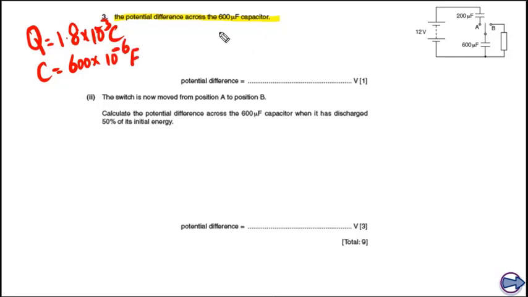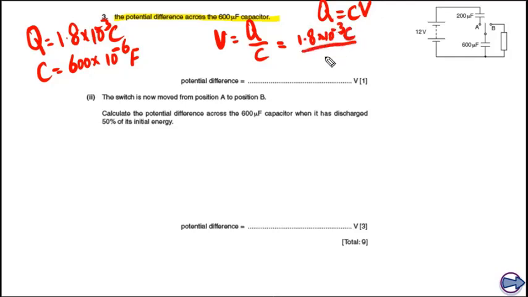We need to find V. V is equal to Q over C, because Q is equal to CV. Plugging in values, 1.8 times 10 to the minus 3 coulombs divided by 600 times 10 to the minus 6 farads, our final answer is 3.0 volts.